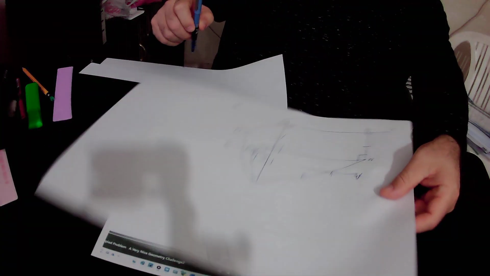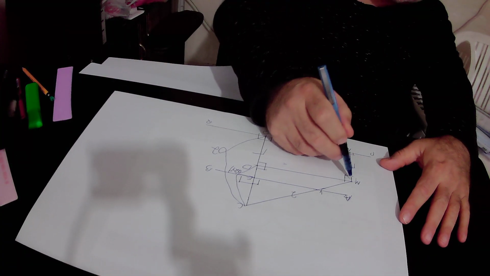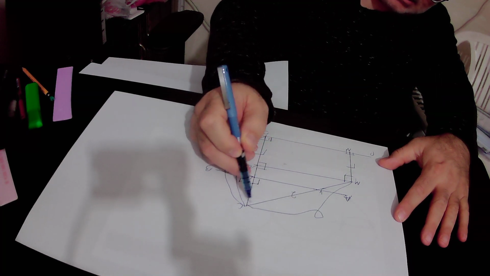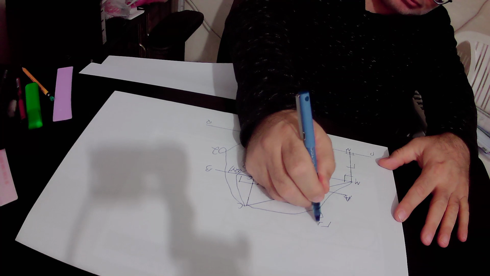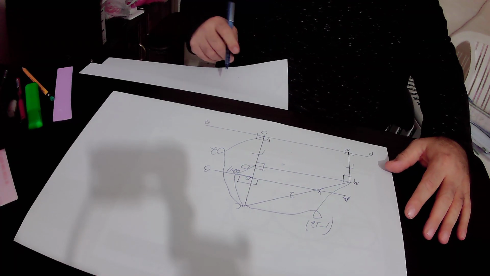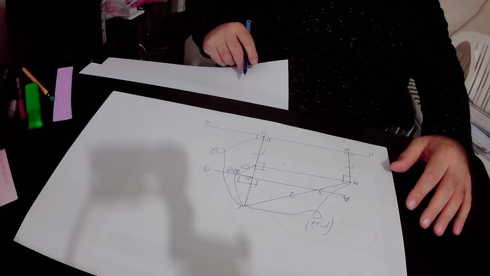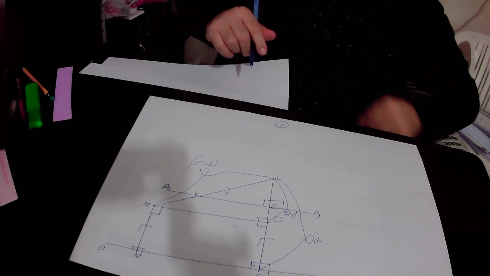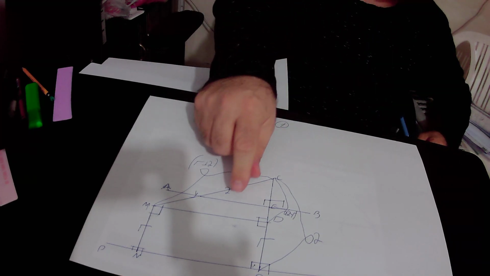Okay, so here we can write down that MC equals R plus 2. Okay, so in the next step we will focus on the right triangle CDM.